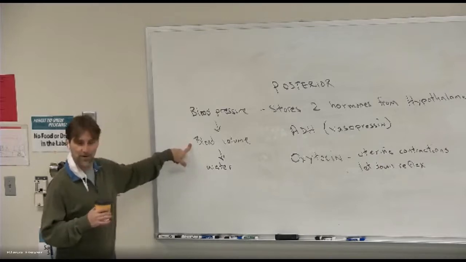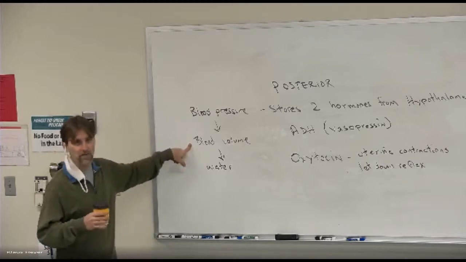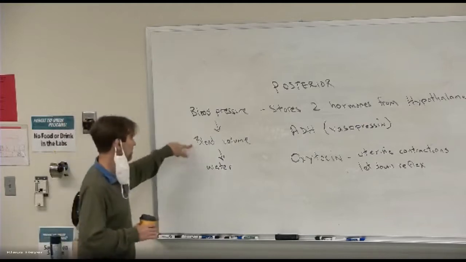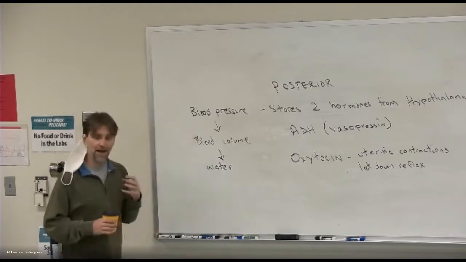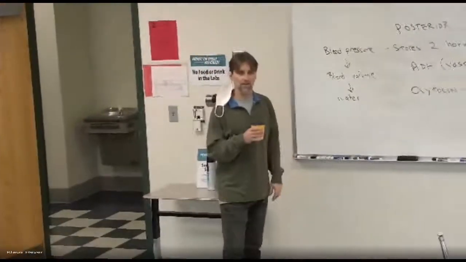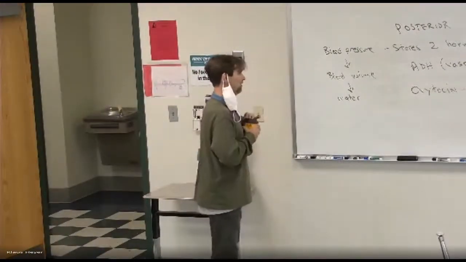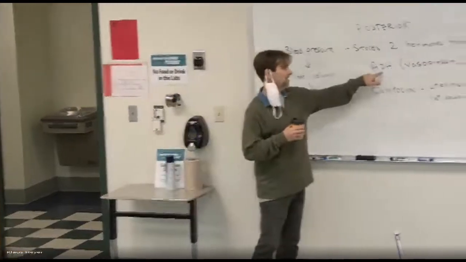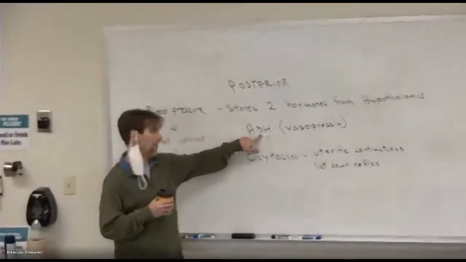I have a thicker blood with less water in it, less plasma. Right? So blood volume goes down, blood pressure goes down. So being dehydrated, one of the side effects is that your blood pressure goes down. So now you can see the anti-dehydration hormone, antidiuretic hormone.